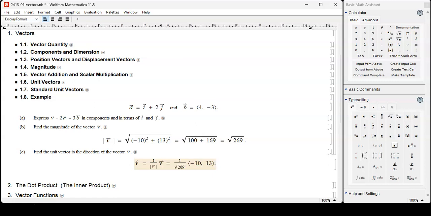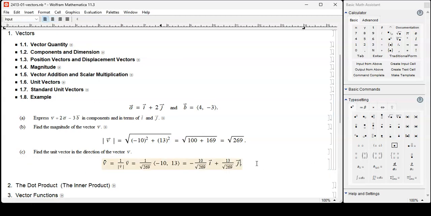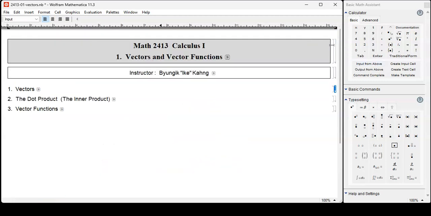Like this. This is a unit vector in the direction of V. What did I do here? Yeah, the same thing. Either I use this or the ij expression. Either way, it's the same thing. That completes section 1.